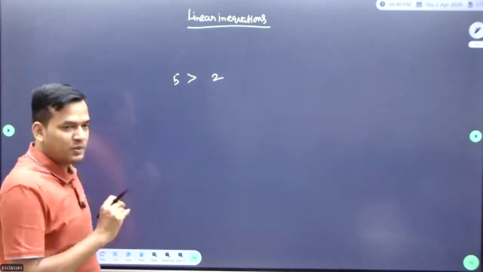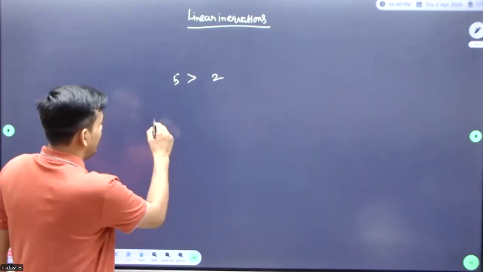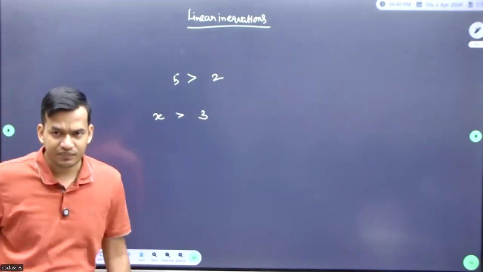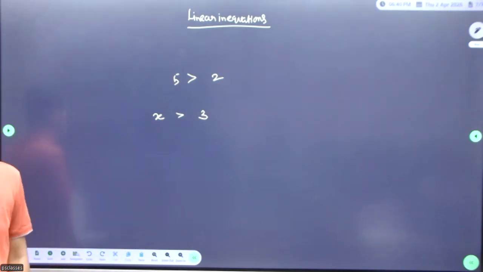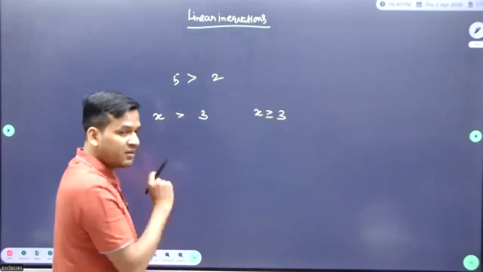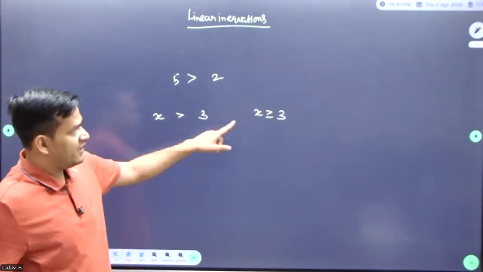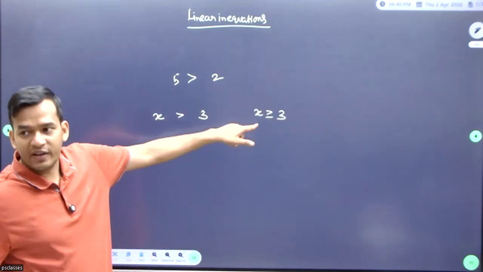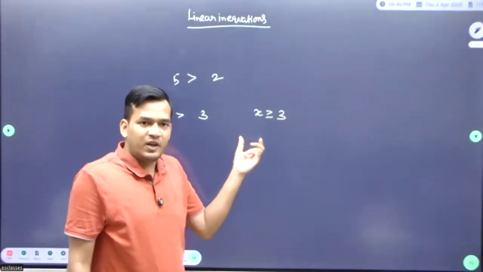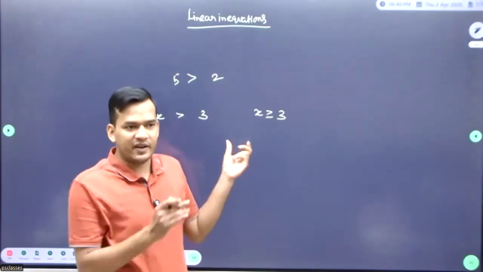Okay, suppose a linear inequality is given. Let's say x is greater than 3. In this linear inequality, x is greater than 3, or it may be x greater than or equal to 3. There are 4 types. This is called greater than or equal to 3. In this case, x can be equal to 3 also or greater than 3 also.